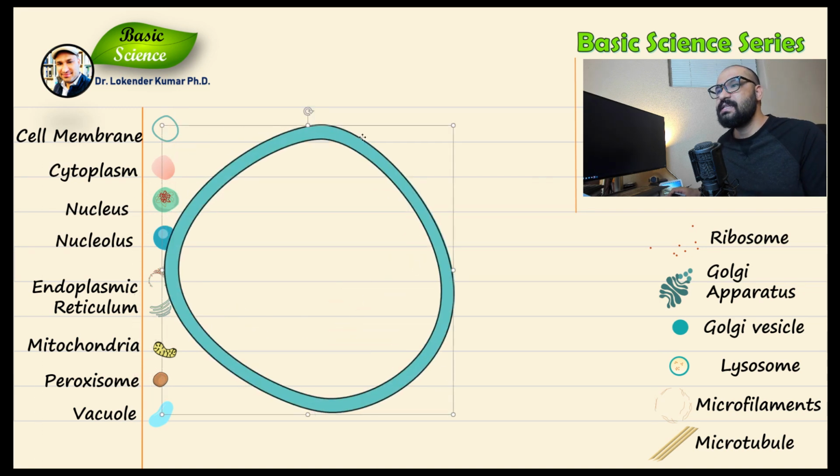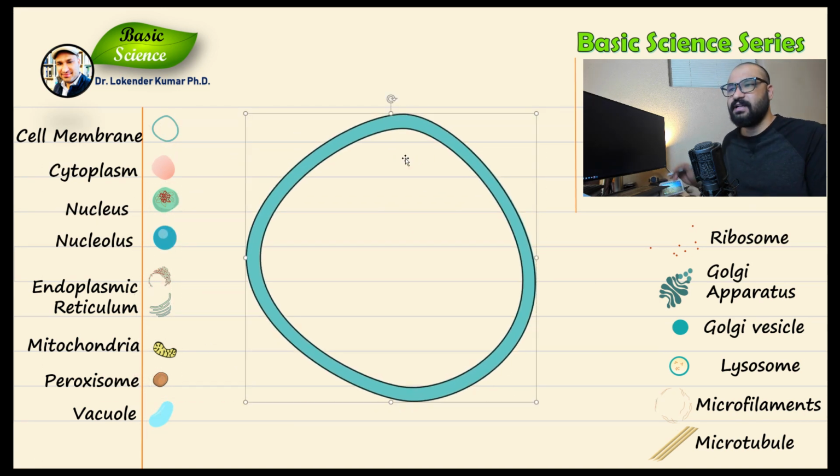Here you can see I have designed this specific structure for the plasma membrane, and we know the function of the plasma membrane is basically to provide a compartment so that the cell can carry out various biochemical reactions.